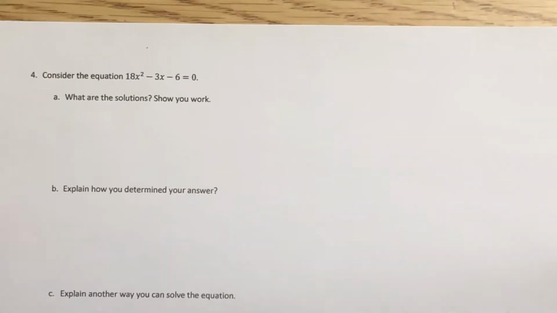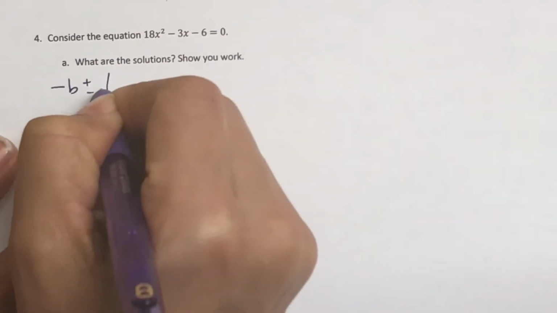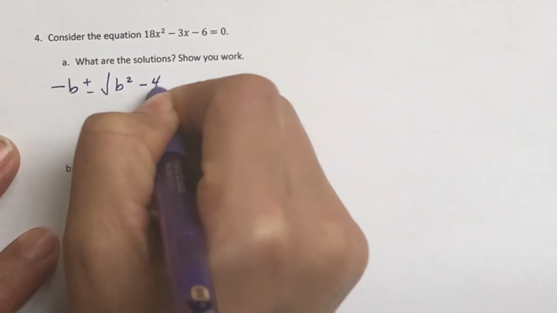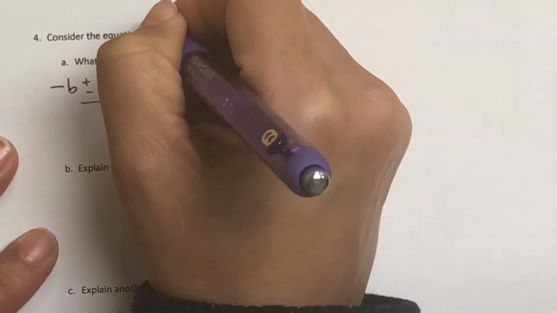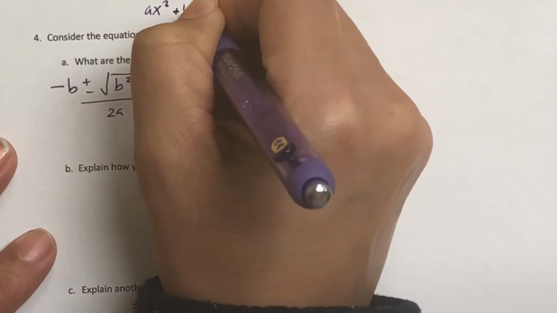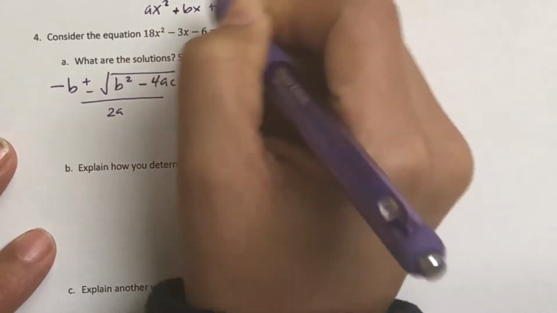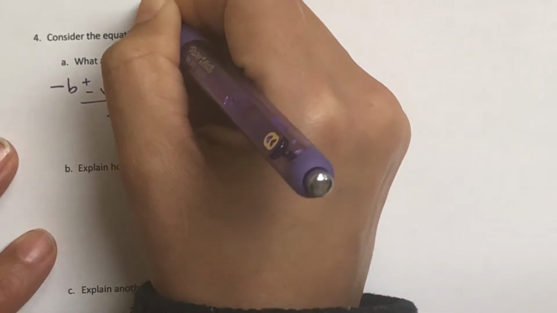All right, consider this equation. What is the solution? Show your work. So I will always use the quadratic formula, which is minus b plus or minus the square root of b squared minus 4ac, all over 2a. You're just going to label your a, b, and c. So it goes ax squared, a with x squared, b with x, and c by itself.